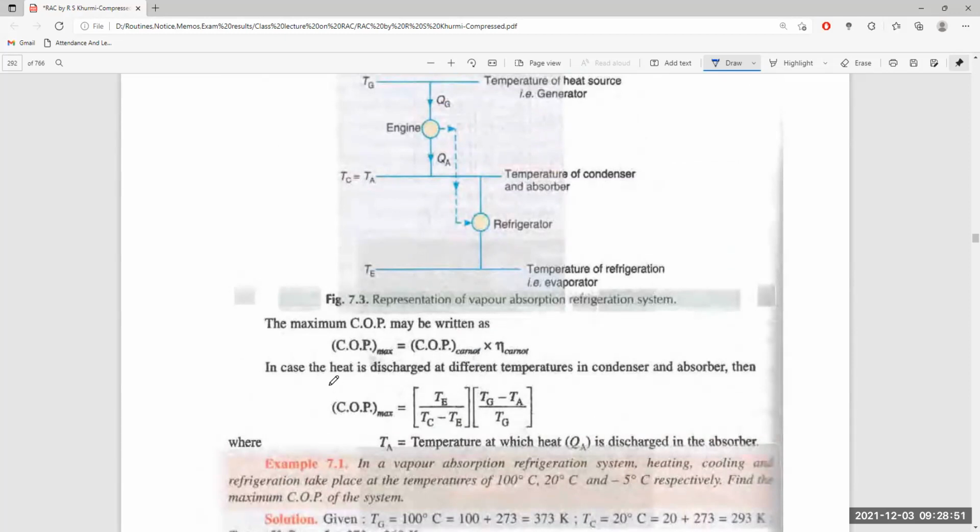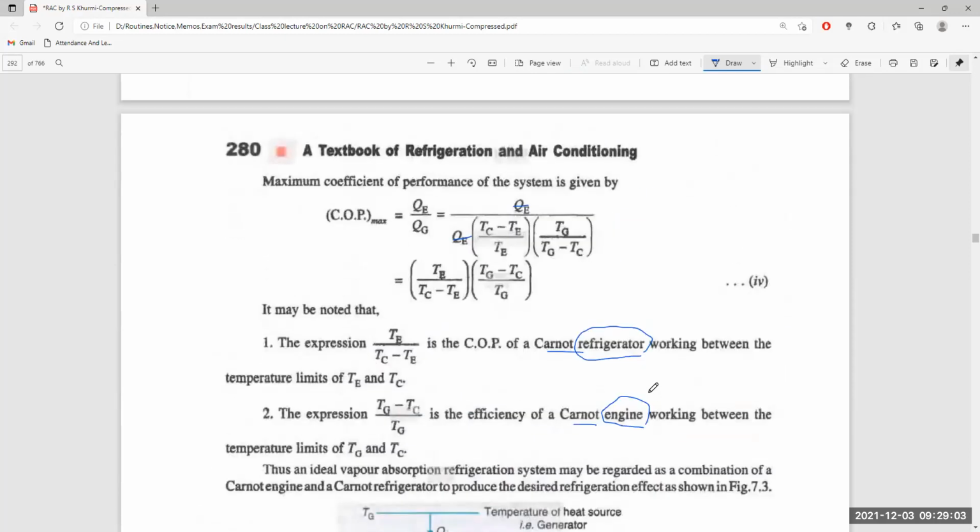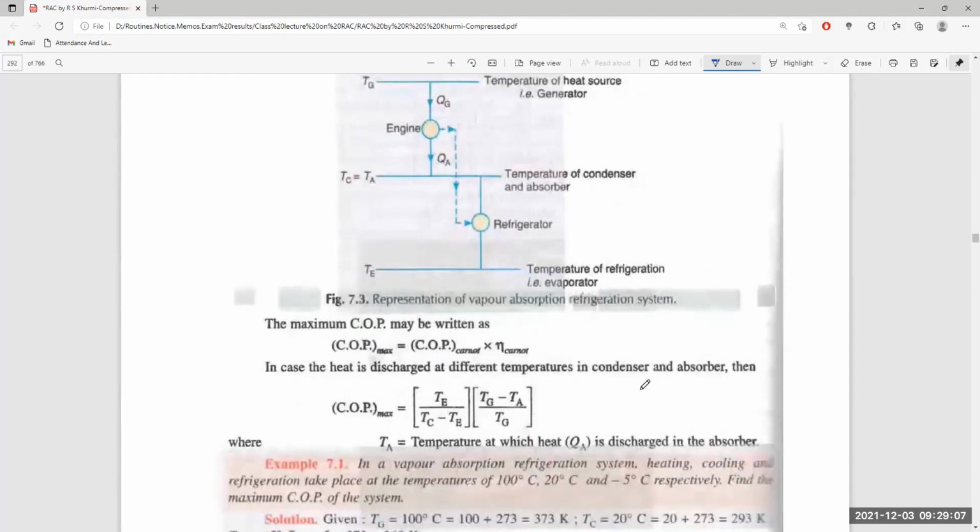So in case the heat is discharged at different temperatures in the condenser and absorber, then the term (TG minus TA) divided by TG, and the term with (TA minus TE) appear. In that case the temperature of the condenser is replaced by the temperature of the absorber.